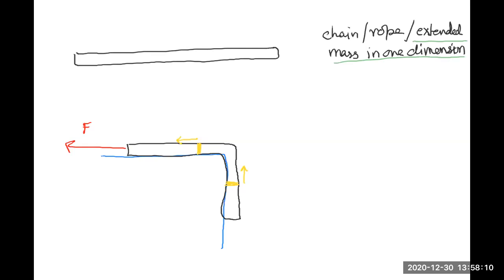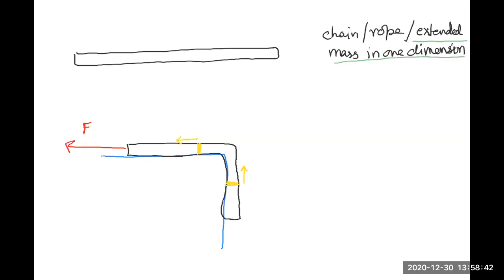But again, to give you an idea of how to deal with extended mass, how to deal with mass which is spread out in space, I will start with 1 dimension. Then we'll go on to 2 and 3 dimensions. Okay. So at this moment, we will not assume that there is a cross-sectional area to this rope.